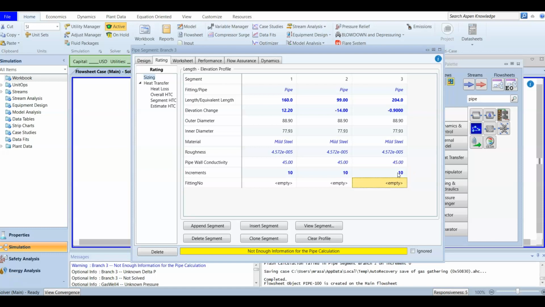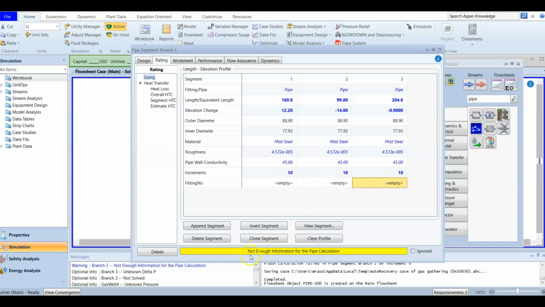So if you are dealing with a 3 phase, this will make it much easier to calculate the 3 phase flashes here, along with the length. So we have increased it from 5 to 10.